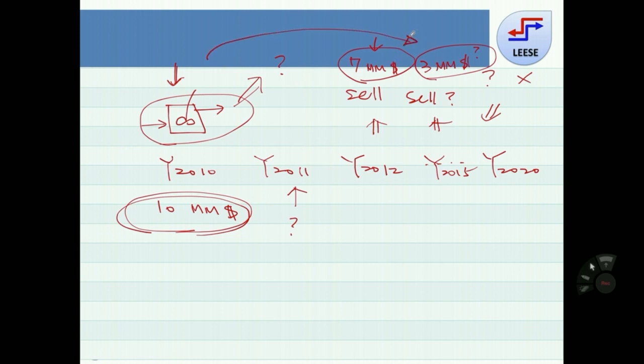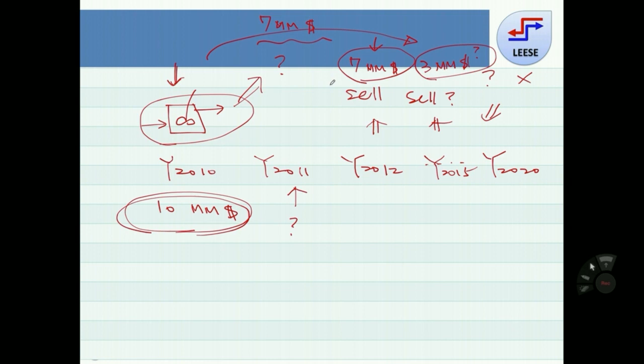After 5 years, it goes from 10 million to 3 million. But what happened to you? You are losing $7 million. I spent 10 million, I'm just operating. After 7 years, I'm losing 7 million, okay?